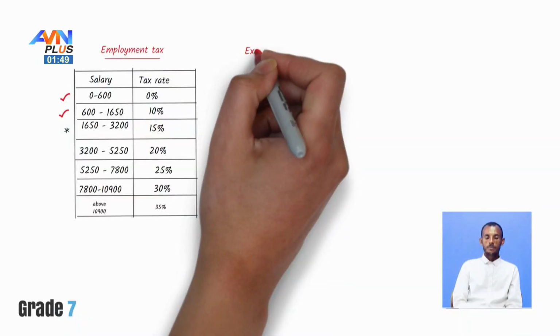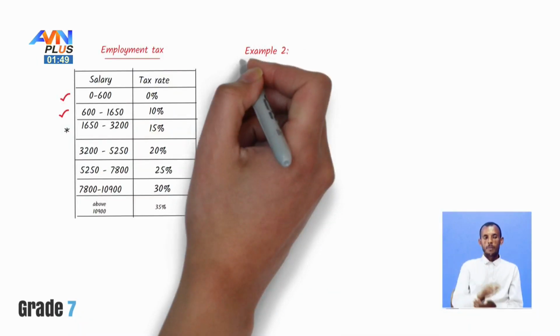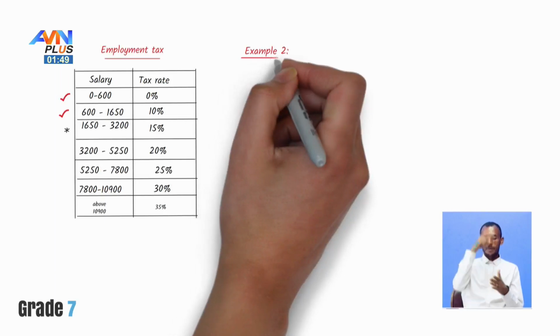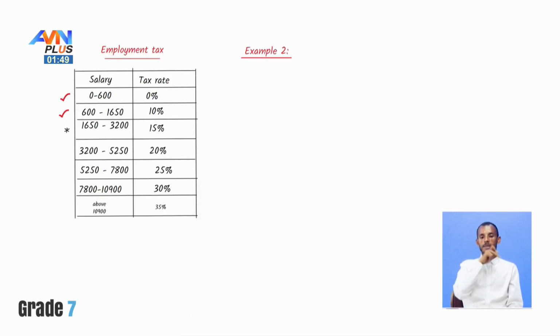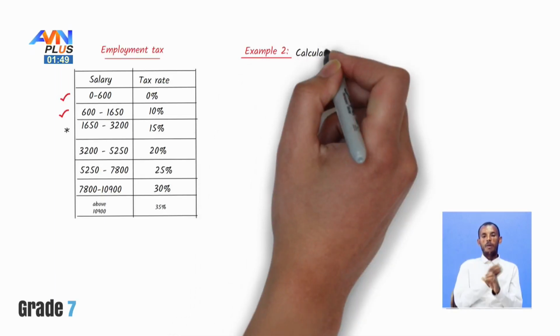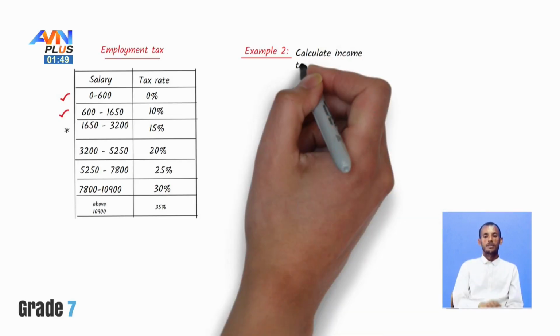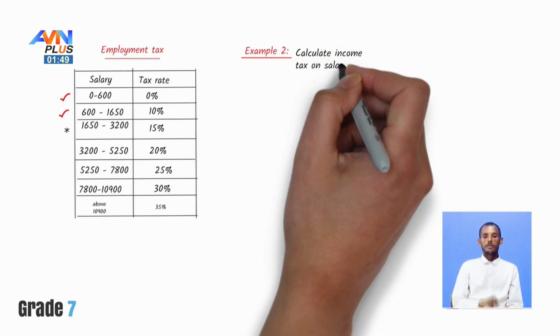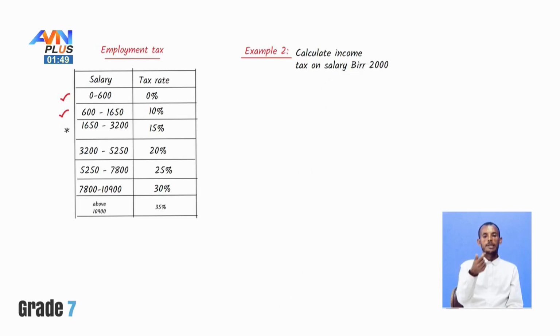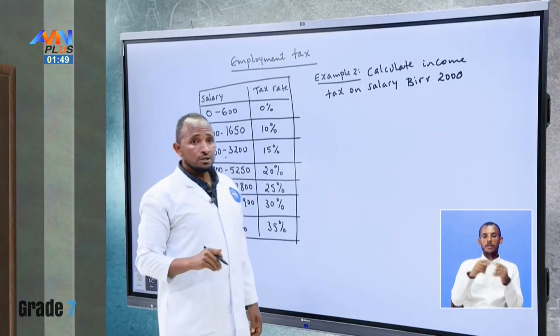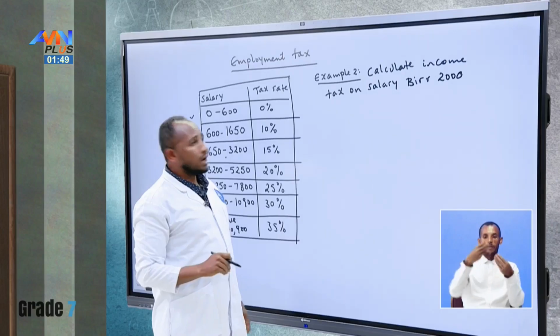Example 2. Calculate income tax on salary of 2000 birr. Please students, try this question. I'll give you 1 minute for this.